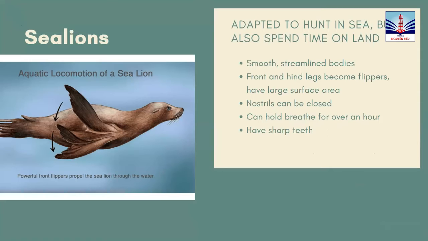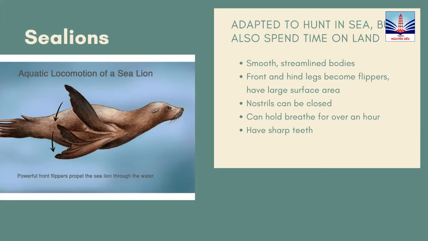They have smooth, streamlined bodies, which help them to swim in water easily and reduce the friction of the water. Their front and hind legs become flippers so that they can push the water and tilt them forward, and the flippers also have a large surface area. When they're on land, the flippers can flip forward so that it's easier for them to move.